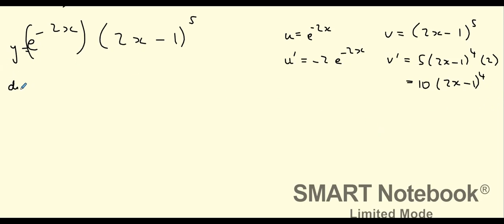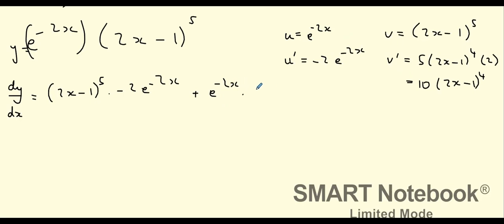So dy by dx: v times by u dash, so 2x minus 1 to the power of 5 times by minus 2 e to the minus 2x, plus u times by v dash, e to the minus 2x times by 10 (2x minus 1) to the power of 4. And I'm just going to write this out in a neat format.